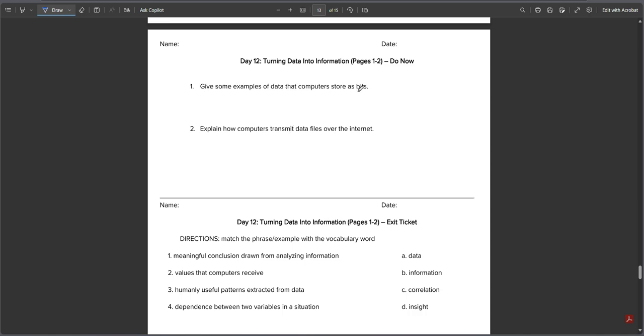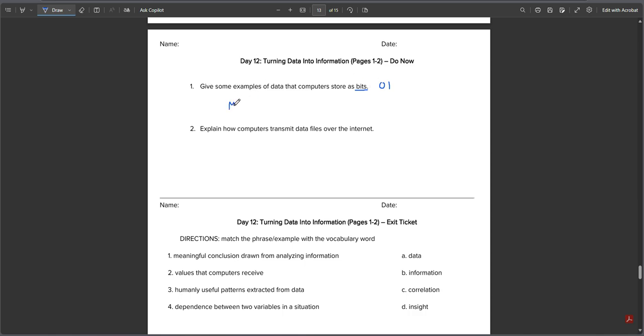Give some examples of data that computers store as bits. You shouldn't know what bits are, but bits are just zeros and ones. You should learn this during Unit 4, so after your project. So give some examples of data that computers store as bits.